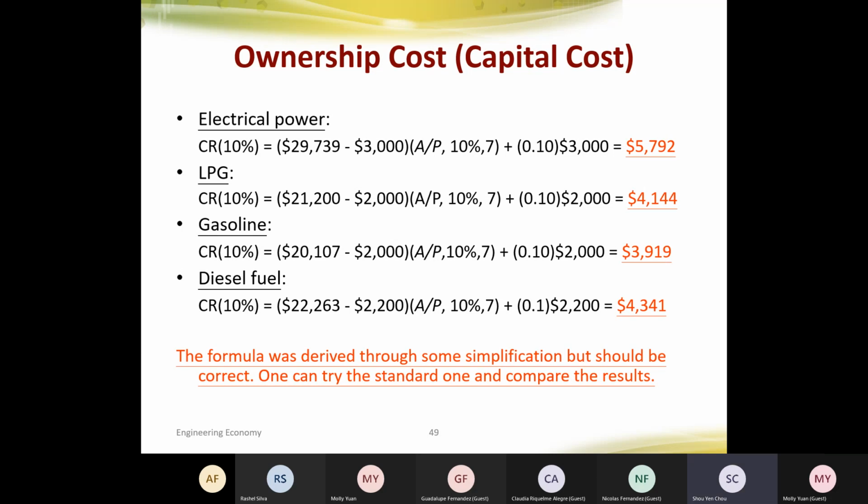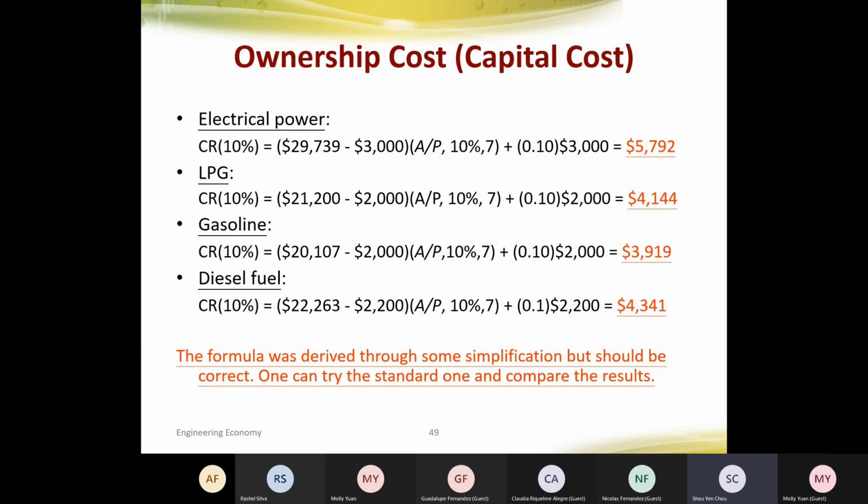So we can compute different costs. We want to, again, come out with the net present worth, but we need to find all these relevant data in their final form.